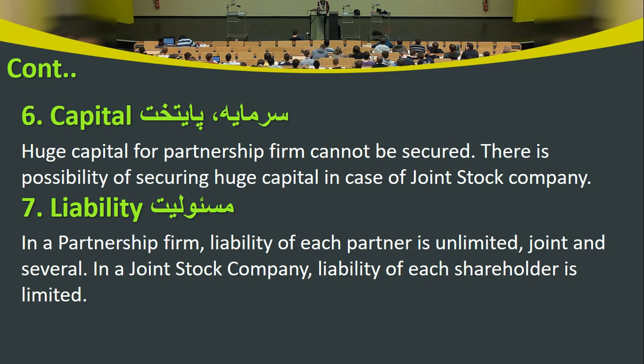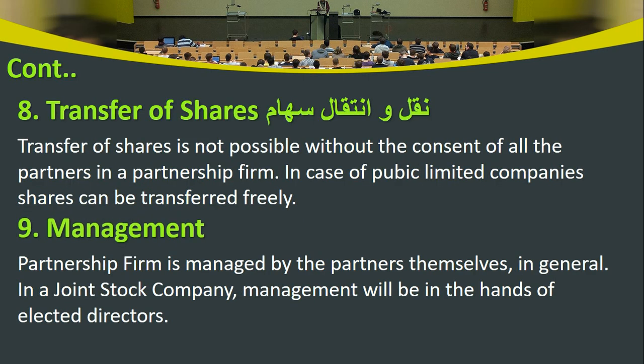While in joint stock company, the liability of each shareholder is limited. Suppose you have bought shares worth $2,000, and if the company bears losses, your $2,000 will be lost. Other than that, you are not responsible to pay more than the mentioned amount.